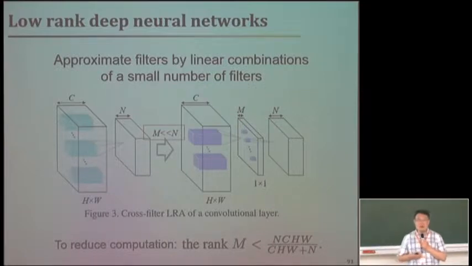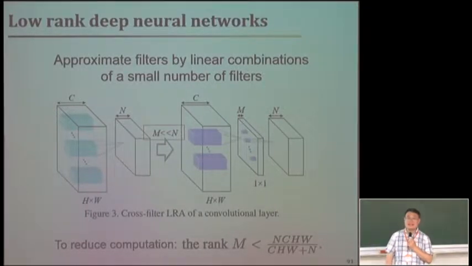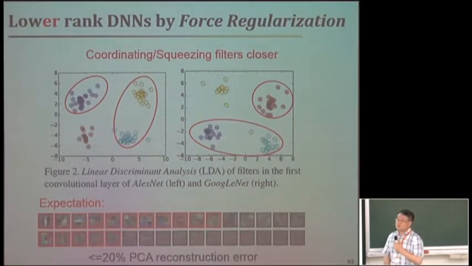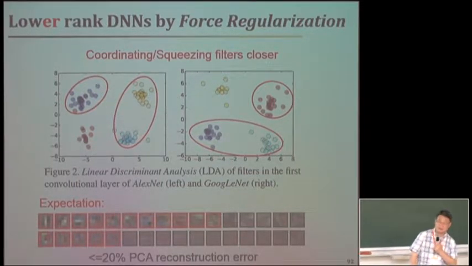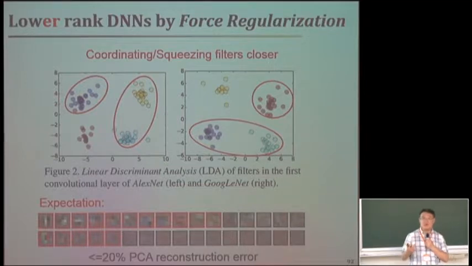Now the question is, how do we find the smaller, lower-rank matrices that can perfectly restore those filters? We have two ways to do it. The first way is we have the filters, and we try to cluster them so I can find the mean filter to represent each cluster.